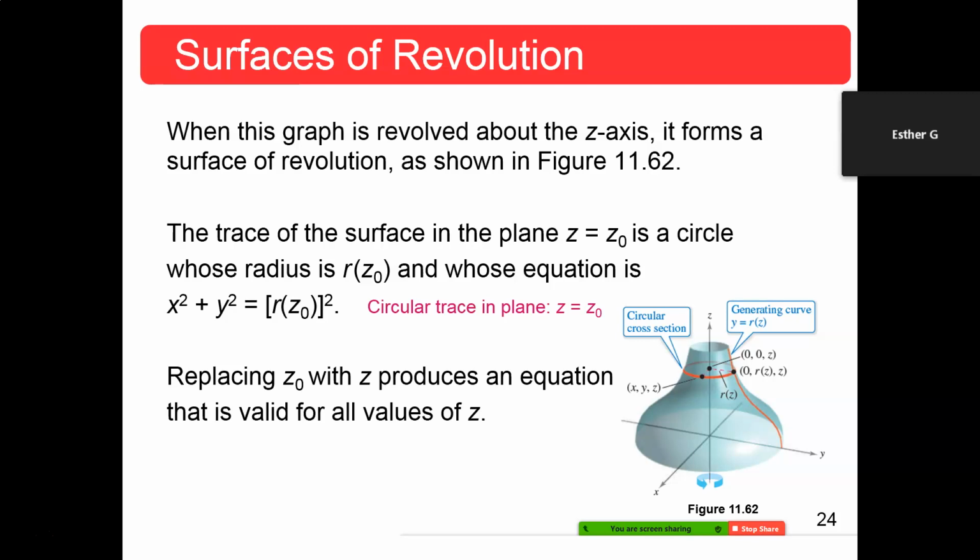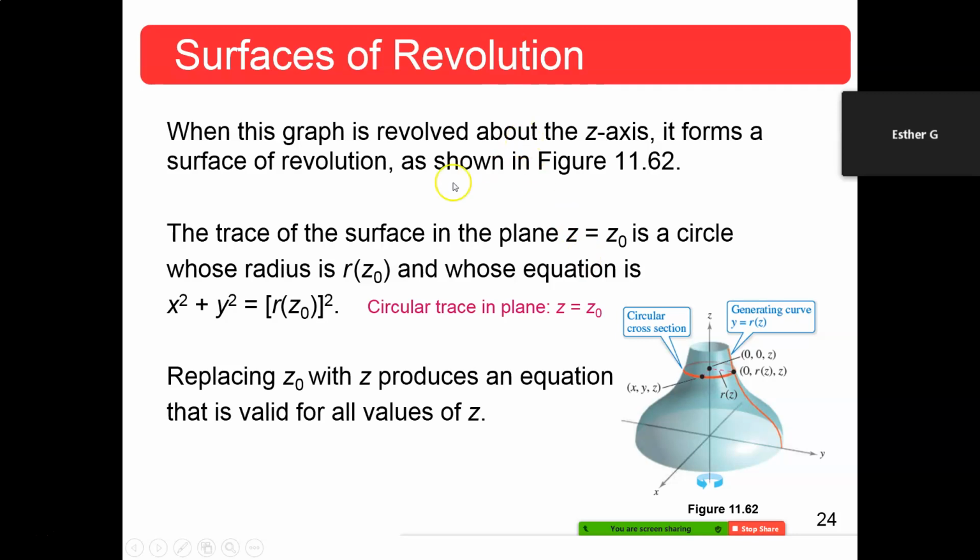So every one of the traces in the plane z is equal to any z0 is going to be a circle. And so that makes it a surface of revolution around that axis, and this happens in this case to be the z-axis. Replacing z0 with z produces an equation that's valid for all values of z.